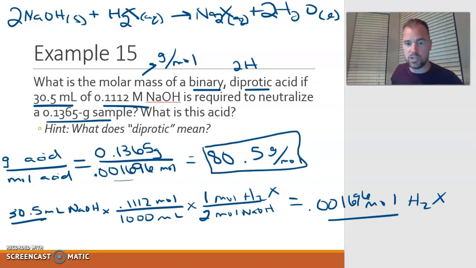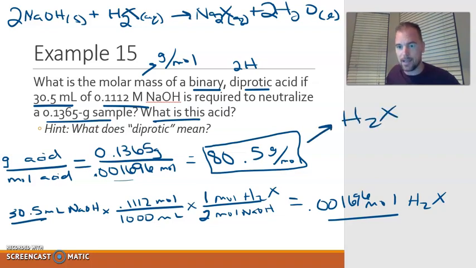Now, the second part of the question is, what is the acid? You're like, how the heck am I supposed to figure that out? Well, remember, this is the molar mass for the general form H2X. So 80.5 grams per mole is 2 hydrogens and then this unknown element.